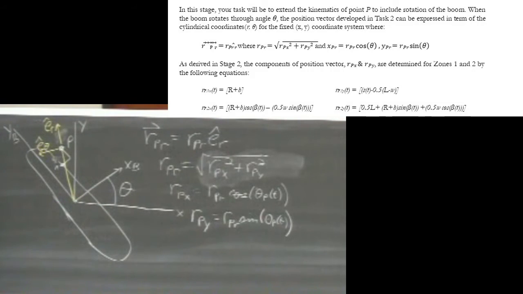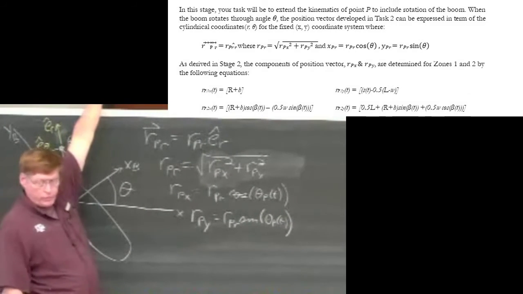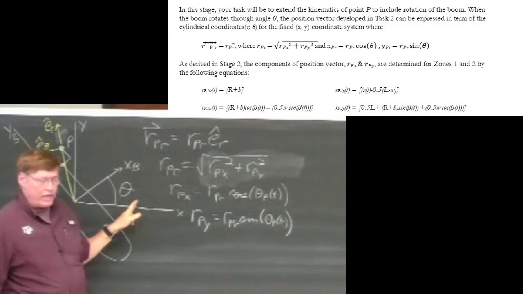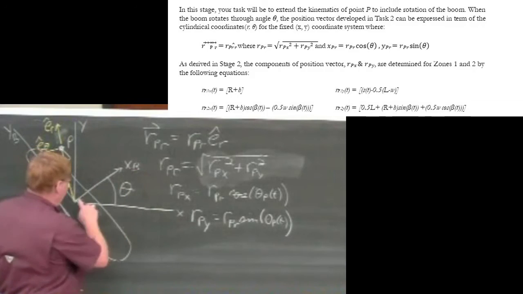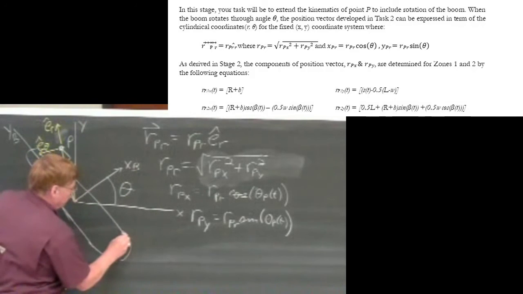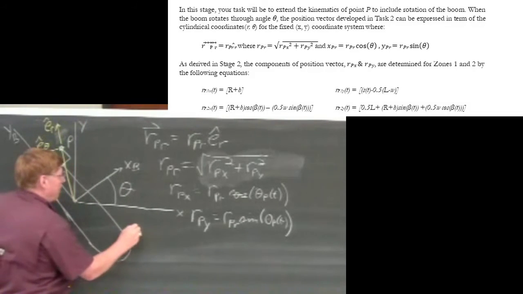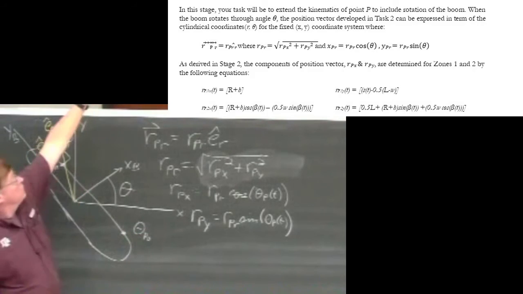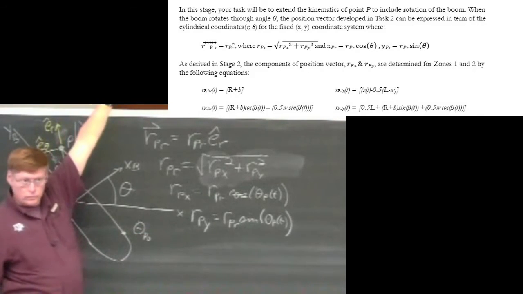So what you're doing is calculating. One thing to note here, when you start with the boom straight up at time 0, this angle theta is from the X to the XB, but your angle that you start with for theta P, your theta P naught, it starts down here.